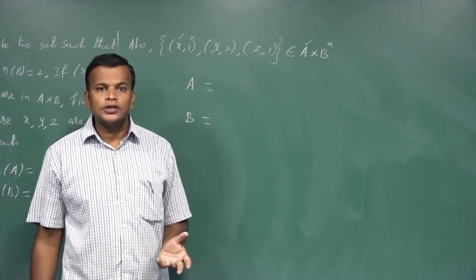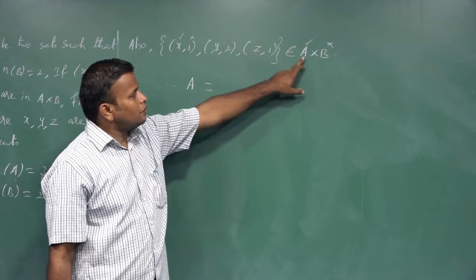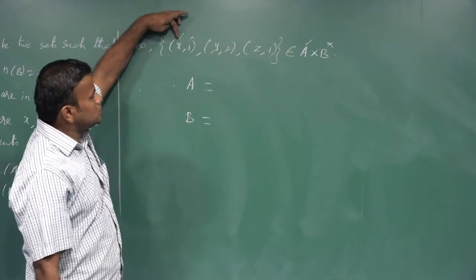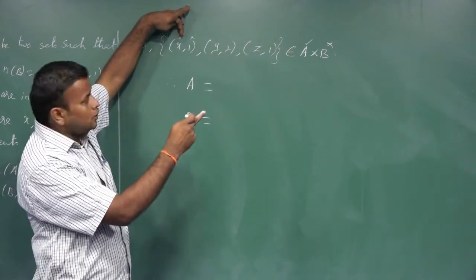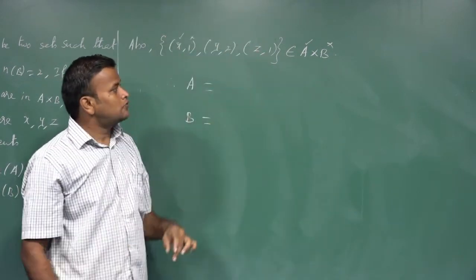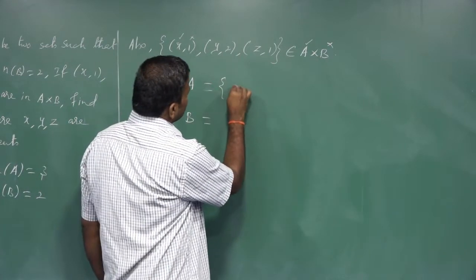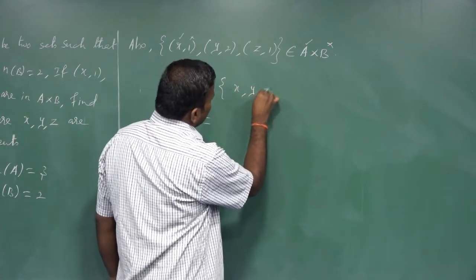Already given, n(A) is equal to 3. The first element always lies in the first set. So I say x lies in the first set A, y lies in the first set A, and z lies in the first set A. So the value of A is {x, y, z}.